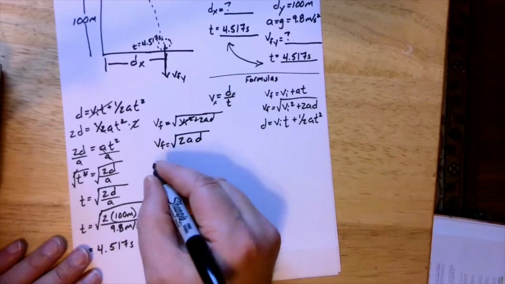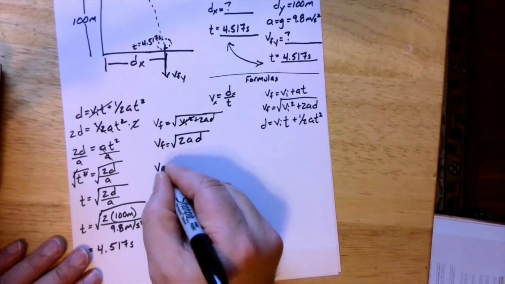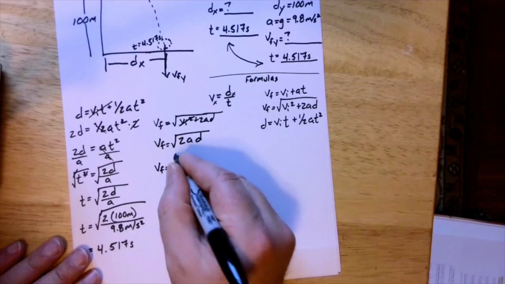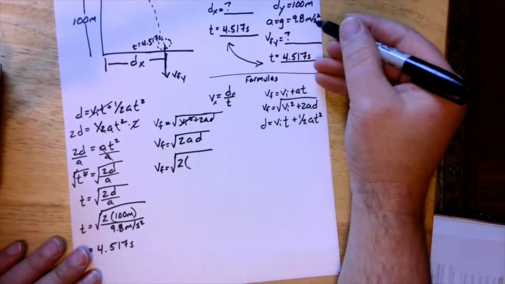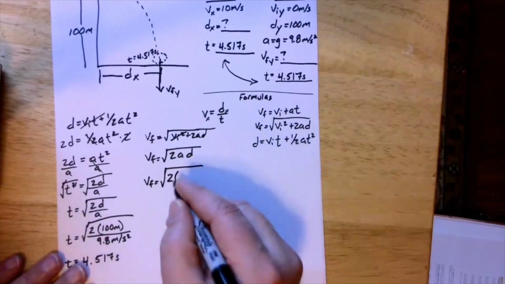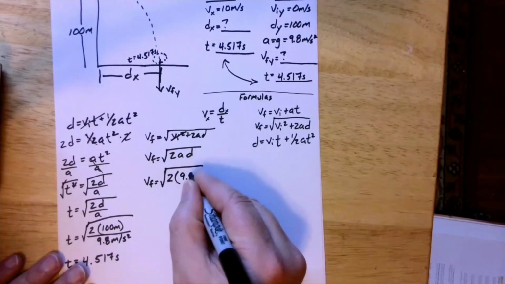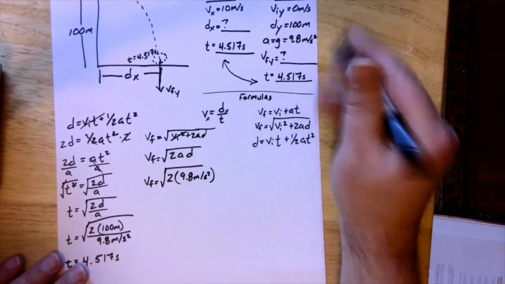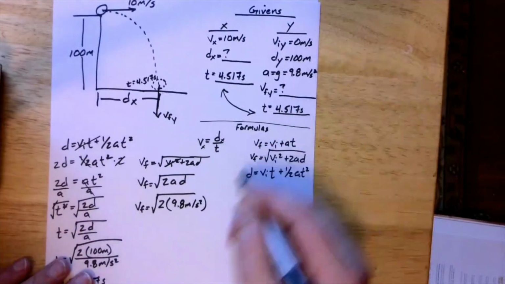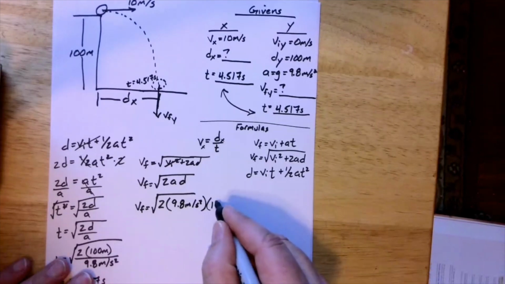So now, let's plug in the numbers. The velocity is equal to the square root of 2 times the acceleration, which is 9.8 meters per second squared, times the distance. Well, it's traveling 100 meters.